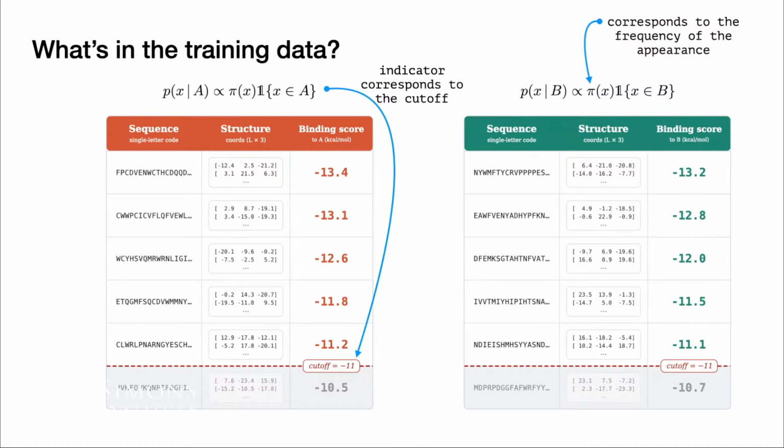And this pi of x, we can think of this as frequency of appearance, but in the limit of a very large data set, we would love this frequency, we would love this density to be the true energy, right? So the Boltzmann distribution with the energy of the system, the potential energy.